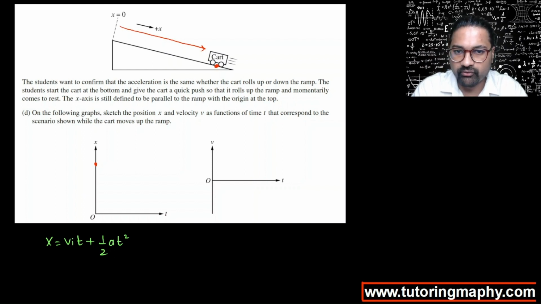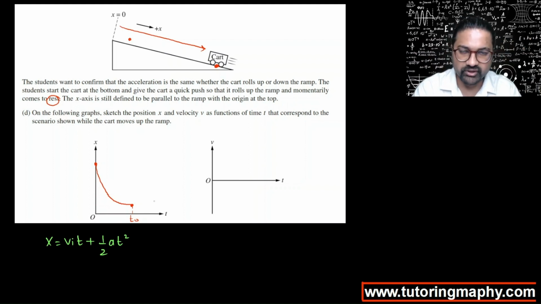We do not know where it stops. Maybe at the top of the ramp, or maybe somewhere over here. We do not know. So we are going to make a parabola like this, and we are going to make it stop maybe somewhere over here, where t equal to, let's call it t naught, is the time when it reaches the topmost point.